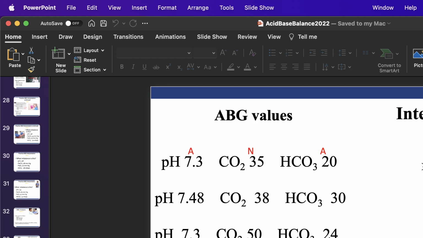How about the third one? Third one down, pH of 7.3. It's respiratory acidosis, and is it compensated? No, no compensation, because that remaining value is within normal limits. How about the last one, guys? Respiratory alkalosis, no compensation. Good.